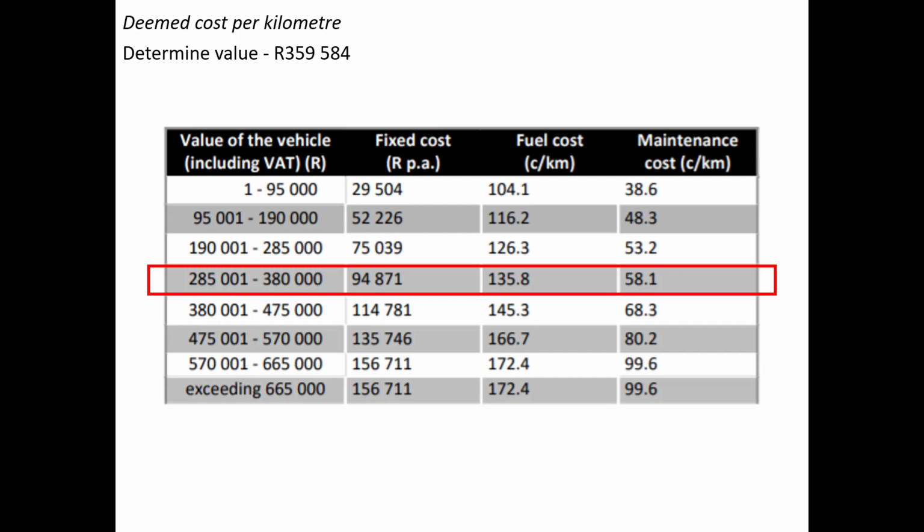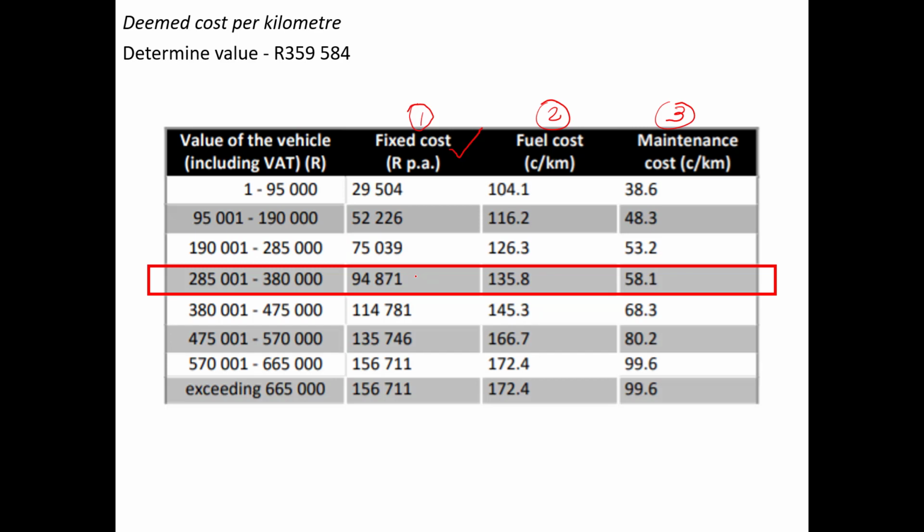Right. So we will then look at 3 costs that will make up the cost per kilometer using the deemed cost scale. So we'll look at the fixed cost, the fuel cost, as well as the maintenance cost. So if we quick recap, it will look at 3 costs to make up the cost per kilometer using deemed costs, the fixed cost, the fuel cost, as well as the maintenance cost.